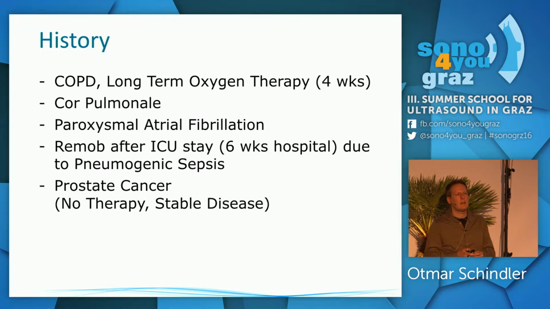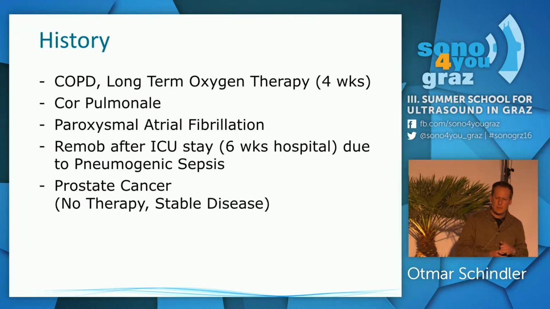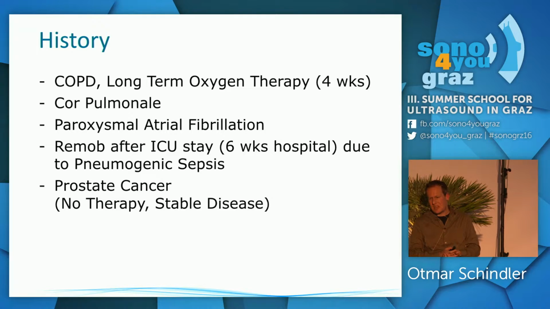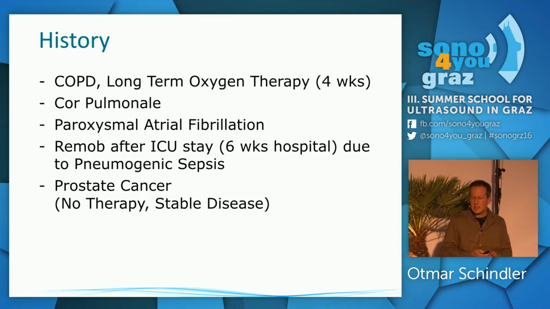He had that some 5-6 weeks ago, and he had been in the hospital for 6 weeks now: 2 weeks in another hospital, 2 weeks in our hospital, and then at the remobilization ward. And he had prostate cancer at 78 years. That's often a chronic disease and nothing you have to deal with.